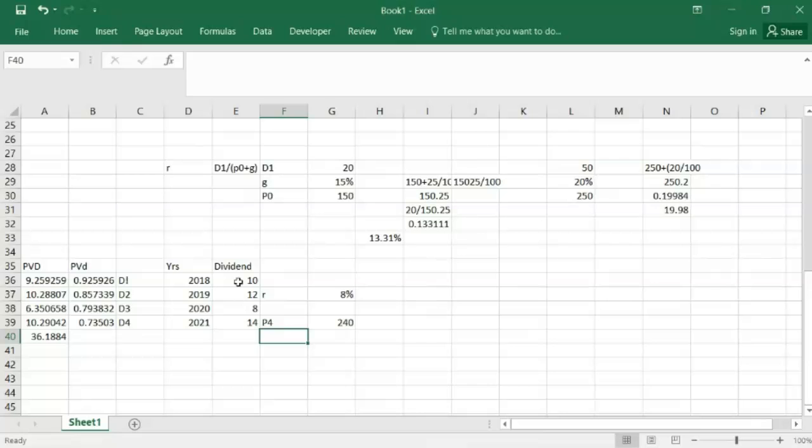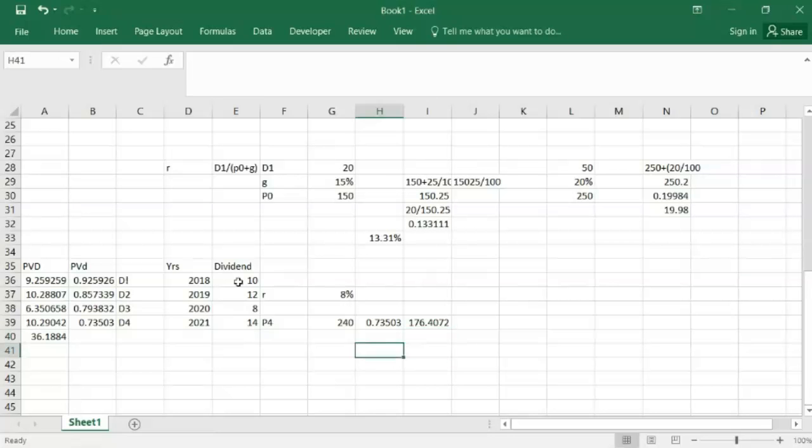It is calculated with the discount factor 1 divided by (1 plus r), where r is 0.08, that is 8%, to the power 4. This discount factor is multiplied with the price we receive at the end of the period. It comes to 176.40 rupees as the price.